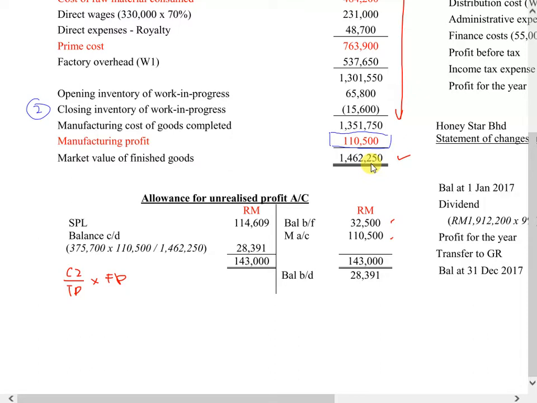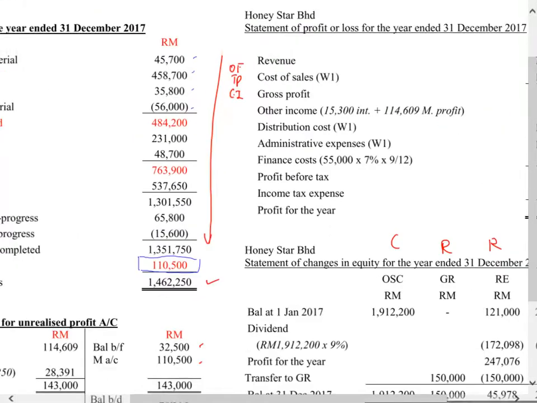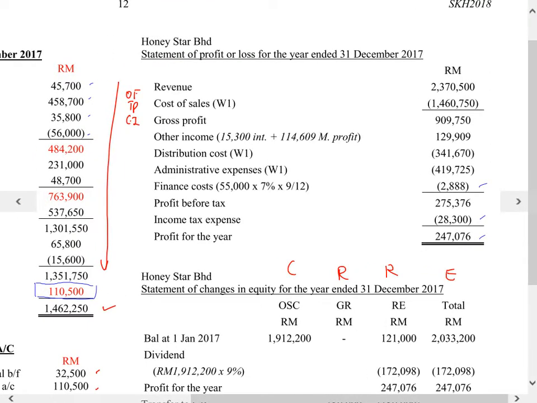What do you do with this 114? It should be added to your gross profit, right? So 114 we add to gross profit here. So we are just applying the concept that we learned previously. Now for the manufacturing account, external publication, everything, we combine in one question here.